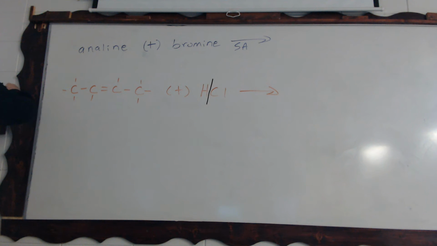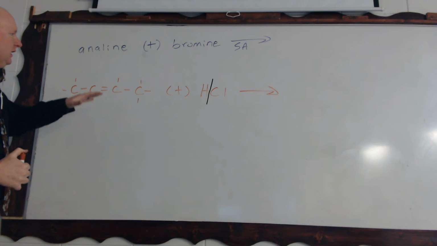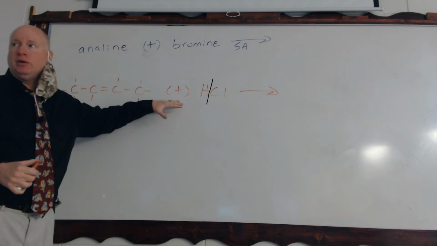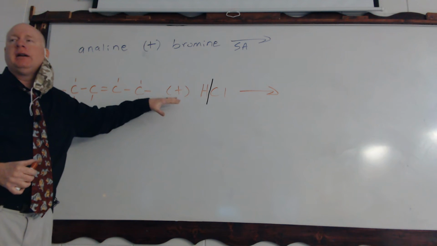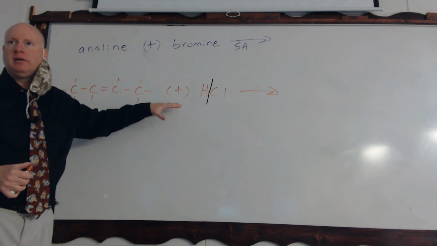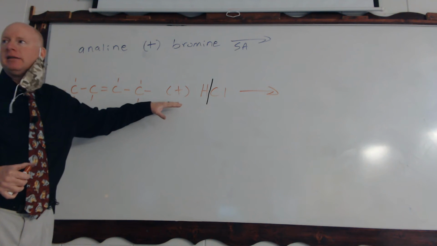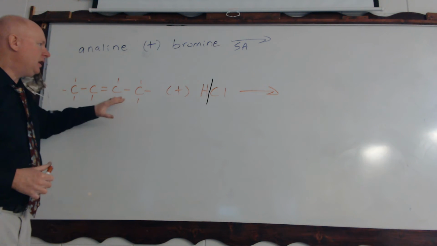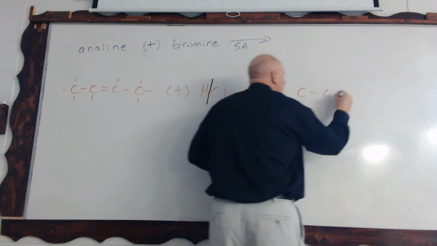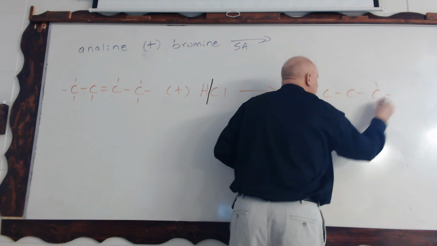Now, what happens with that is, do we get one? We do get two products with this, but is there a major and a minor? No, there is not. And that is because when we draw this, that double bond has broken.